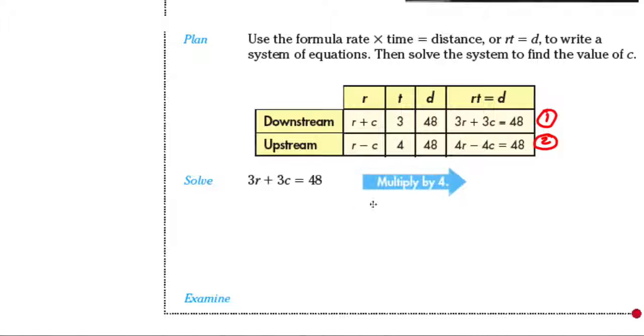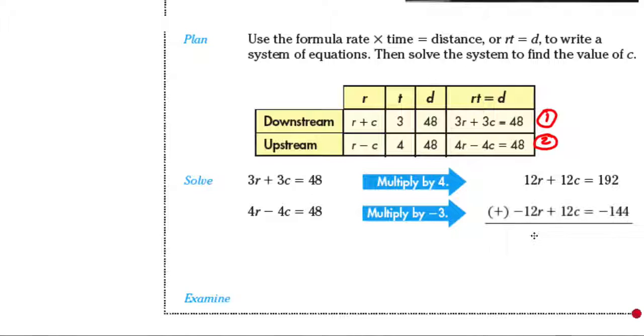So we multiply that by 4, and end up with 12R plus 12C equals 192, and multiply 4R minus 4C by negative 3 this time. We end up with negative 12R plus 12C equals negative 144.